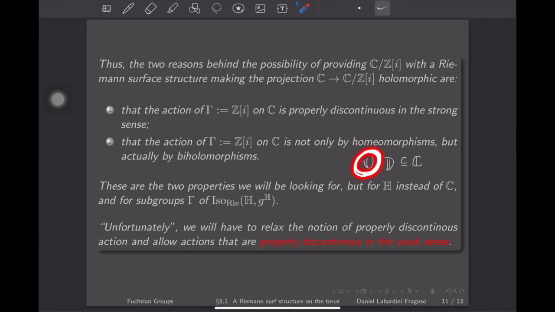The orientation preserving Riemannian isometries, that is, the Mobius transformations that preserve U bijectively, are biholomorphisms of U.